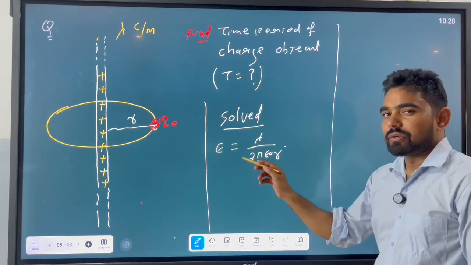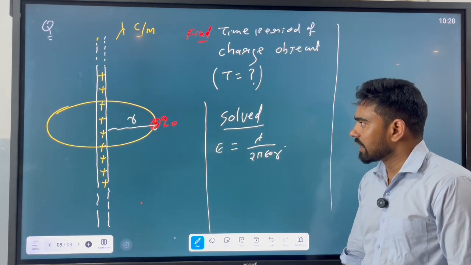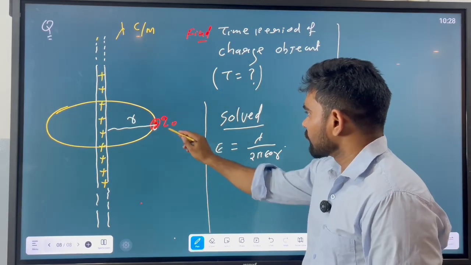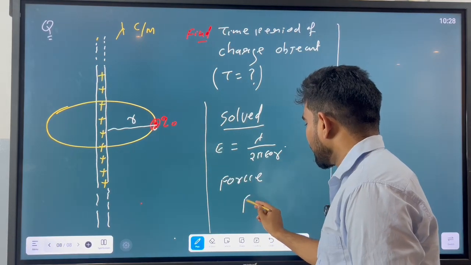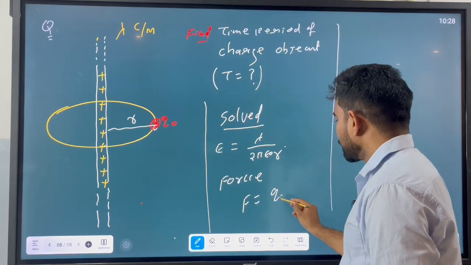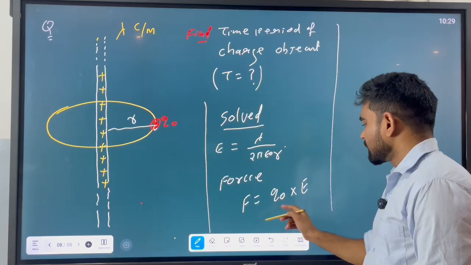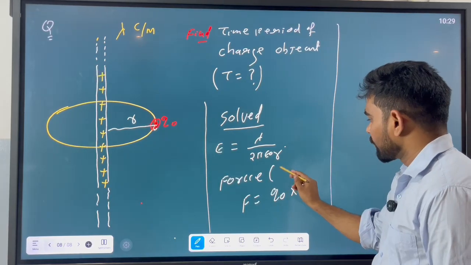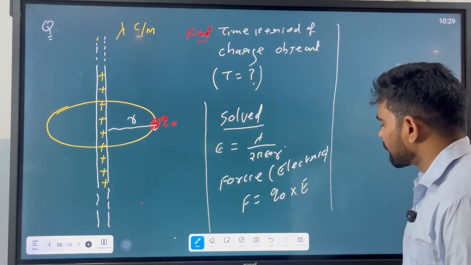This is the value of the electric field. And the Coulomb force F equal to q, the charge, multiplied by the electric field. This is the value of the electric force.